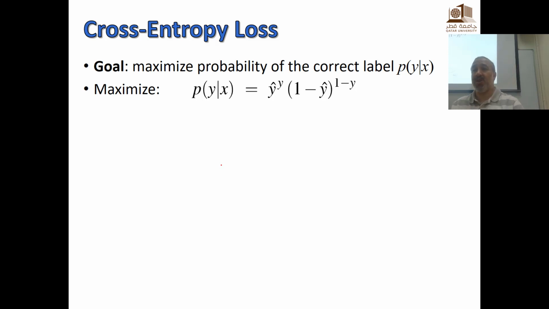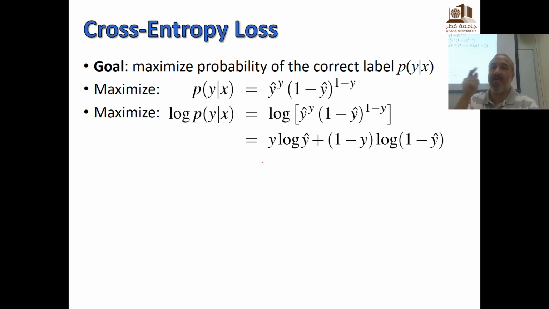Usually when we maximize a function, we want to get the values of the parameters that will make that function maximum. It is equivalent to maximizing the log of that function. If this function looks really complex, it will be much simpler if we just take the log, and we will get the same values of the parameters. So we take the log. The log of this will be log of that plus log of that, as you know from mathematics. Log of y hat to the power y is y log y hat.